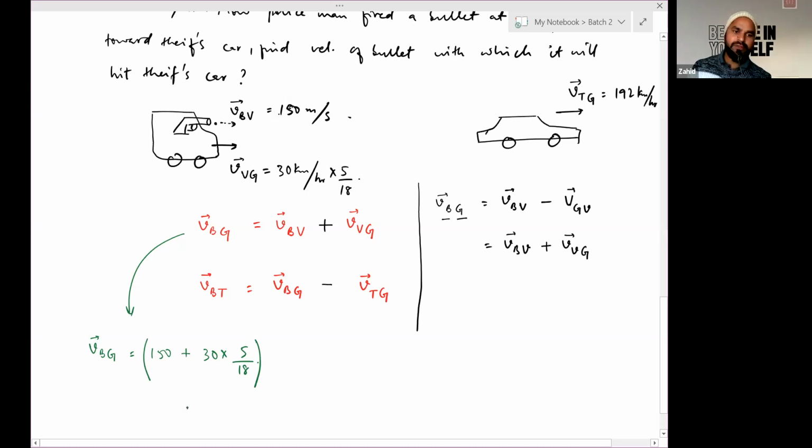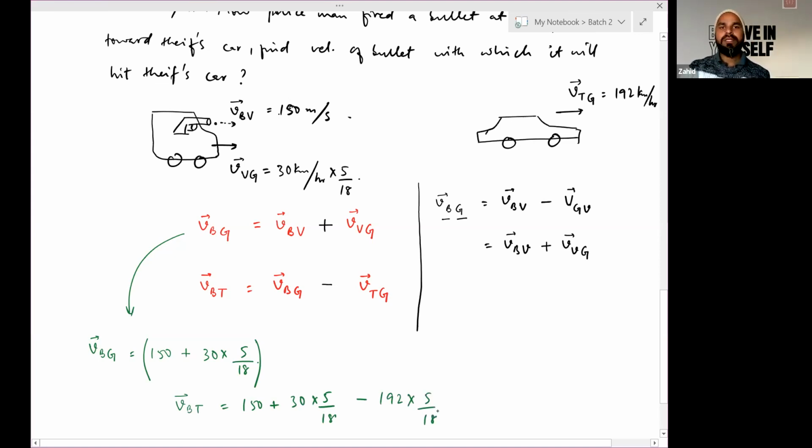You will get velocity of bullet with respect to thief car is equal to velocity of bullet with respect to ground, which is 150 plus 30 into 5 by 18, minus velocity of thief car with respect to ground, 192 into 5 by 18.